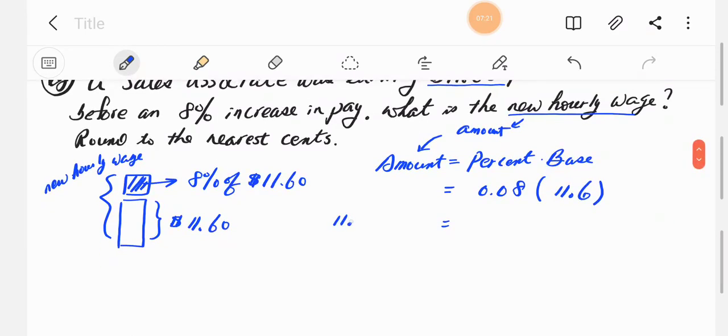So 11.6 times 0.08. Then 6 times 8, 4 up, 2 and 1 up, so 9 point. That is equal to 9.28, right? 9.28.